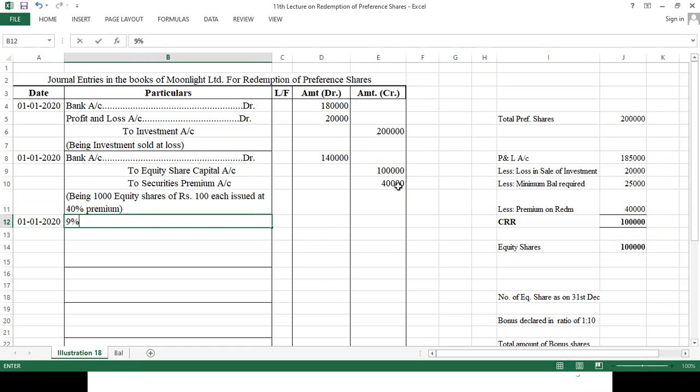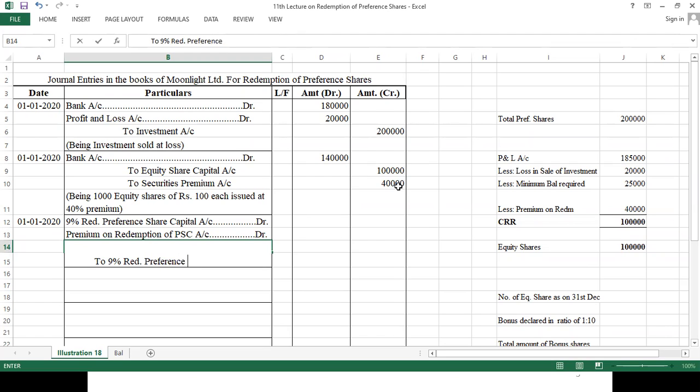And here we have 9% redeemable preference share capital account debited, premium on redemption of preference share capital account debited, to 9% redeemable preference share holders account.